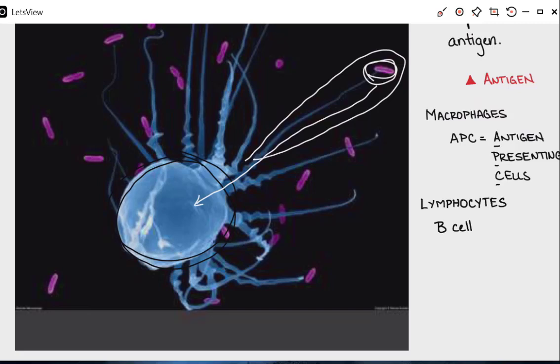And B cells are produced and mature in the bone marrow, the red bone marrow specifically. And B stands for bone. The other category of lymphocytes that we're going to look at are called T cells. And T cells mature in the thymus.